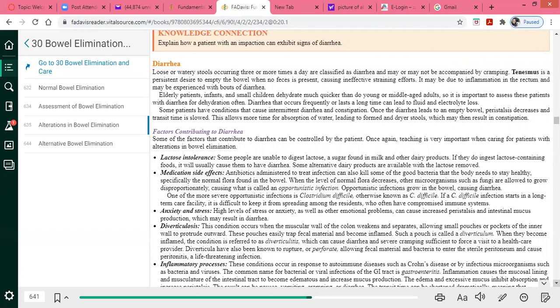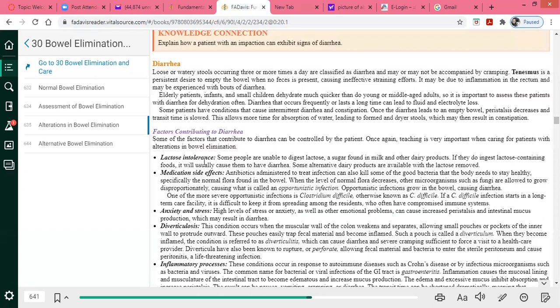It talks about the different factors that contribute to diarrhea, where individuals who are lactose intolerant will experience diarrhea, because typically you find lactose in milk, dairy, that type of thing. Lactose is a sugar.